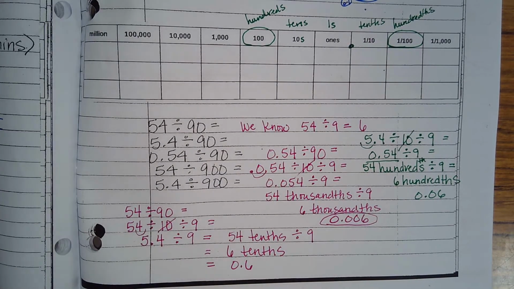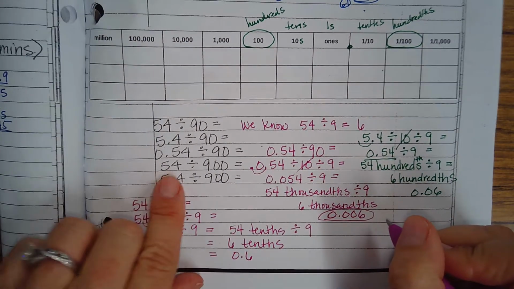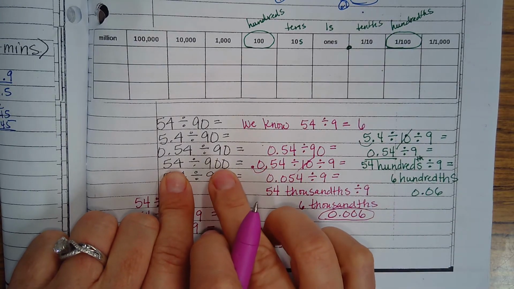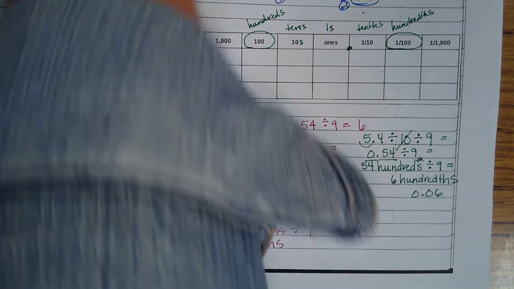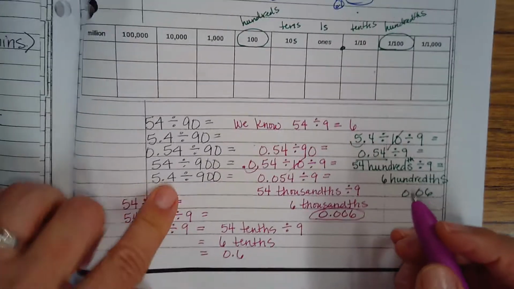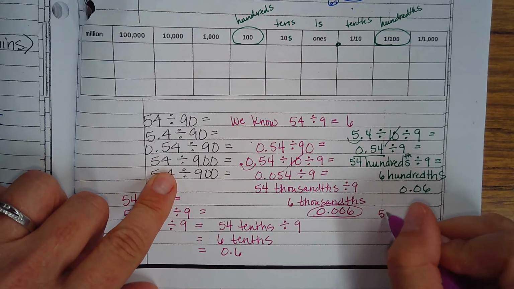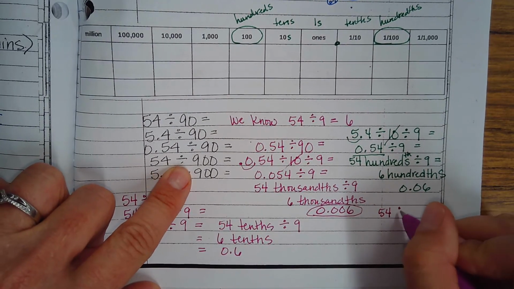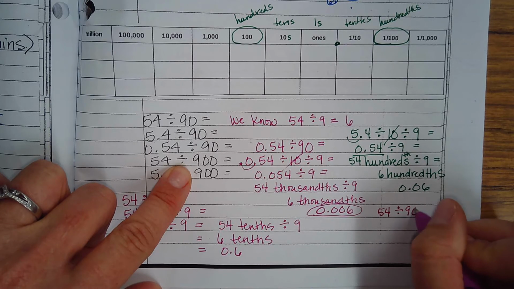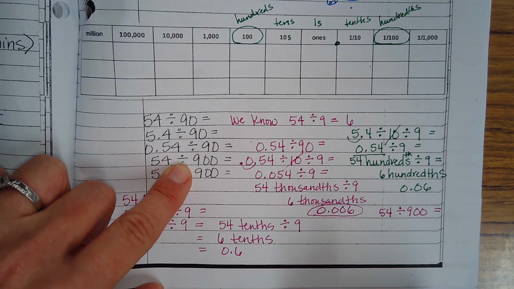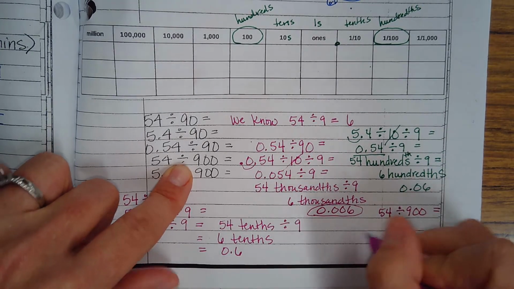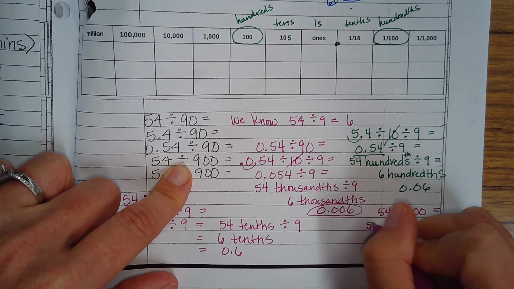We're just going to jump right in. Okay, here we go. 54. Now, we're just going to whole numbers. Okay, so next, we're going to go 54 divided by 900, and we're going to decompose 900.